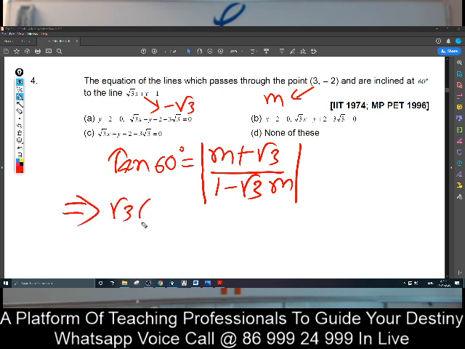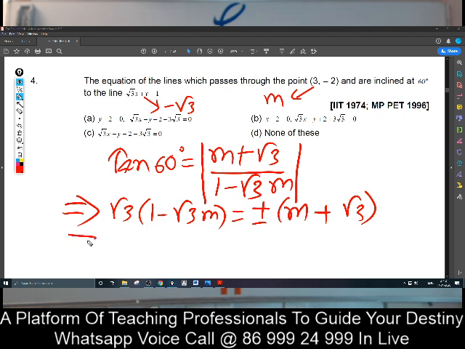So root 3 into 1 minus root 3m is equal to plus or minus m plus root 3. So this is minus 3m. Let us take plus first. Bring that 3m to the other side, it becomes 4m, and root 3 and minus root 3 get cancelled, so m is equal to 0 you will get.